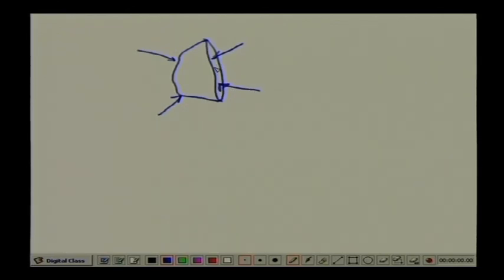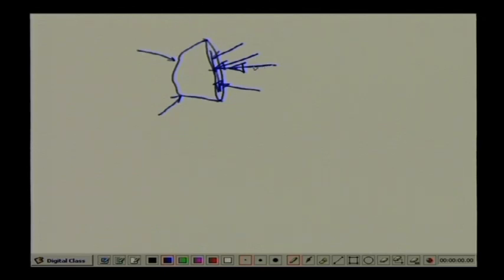Now, at a particular small element, if we take this as the resulting stress, then we can decompose this stress into two components. One is along the normal direction of this particular cross section, and another component is along the plane of this particular section.